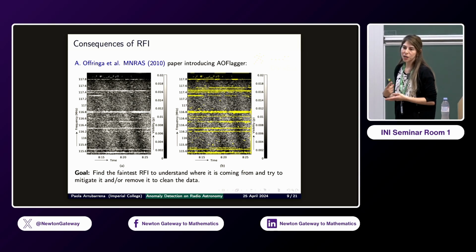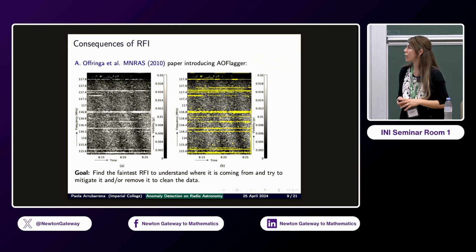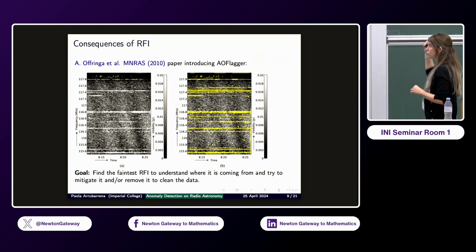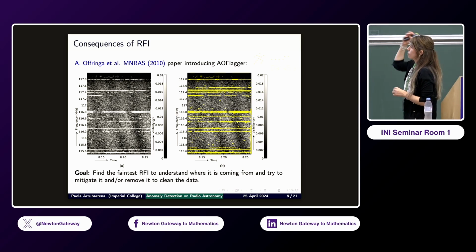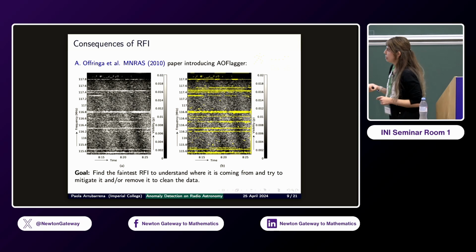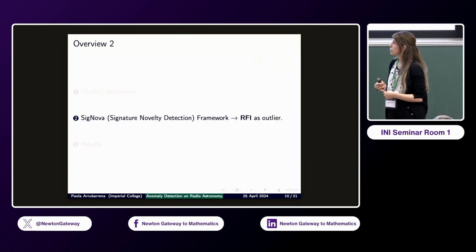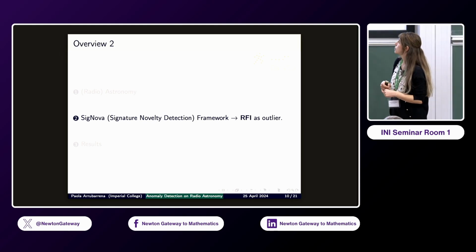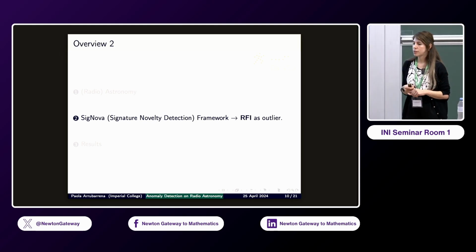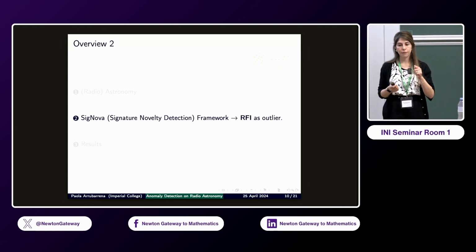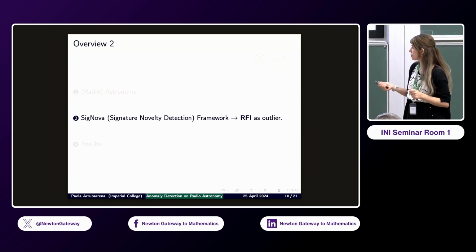This is a lot of money and effort that is just thrown in the trash. So, of course, this is a pressing issue, and that's exactly what we were trying to address. So we built a framework called SIGNOVA, Signature Novelty Detection, that tries to find RFI as an outlier.